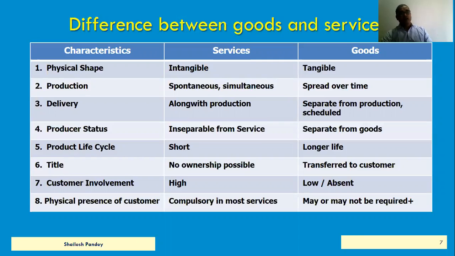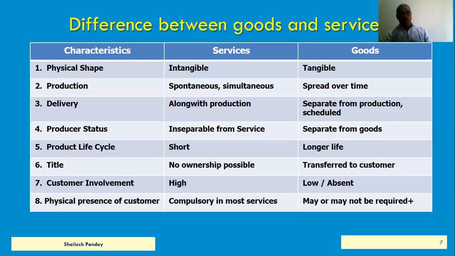The next characteristic on which they are different is producer status. In services, the producer is inseparable from the service. Those who are the producers of the services have to be present when the service is getting delivered.